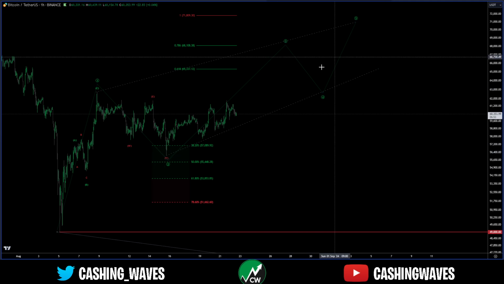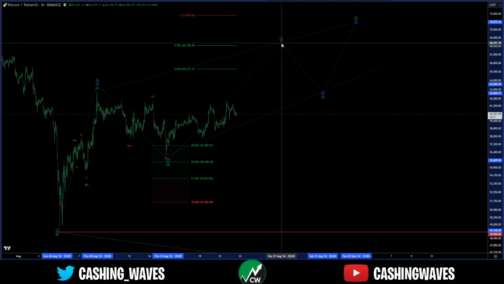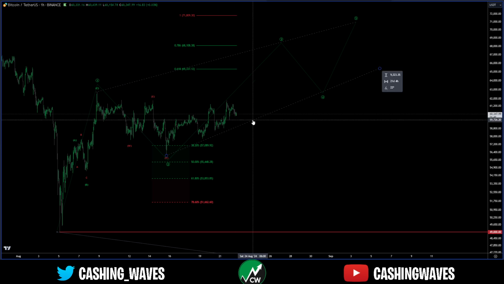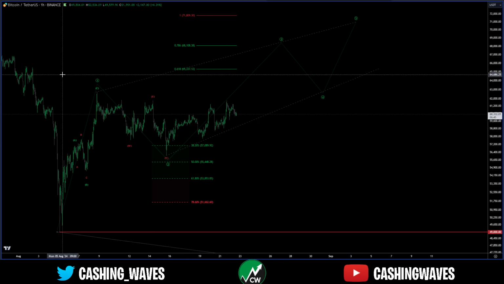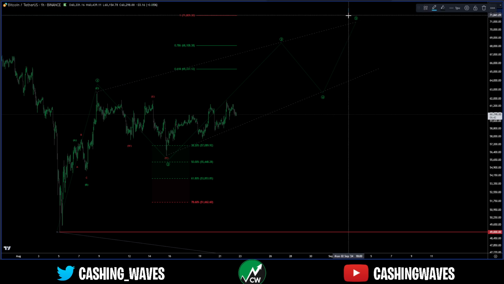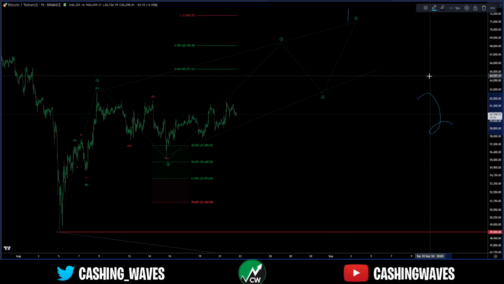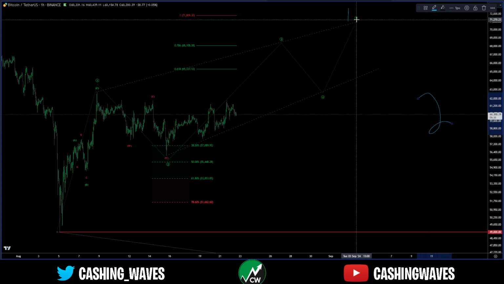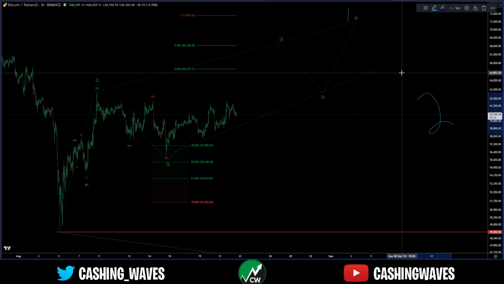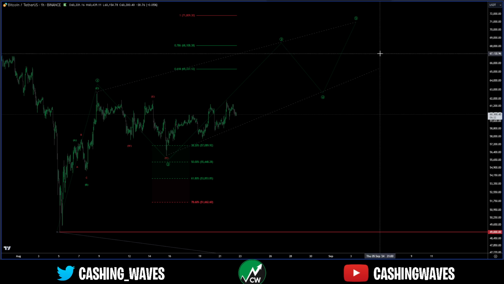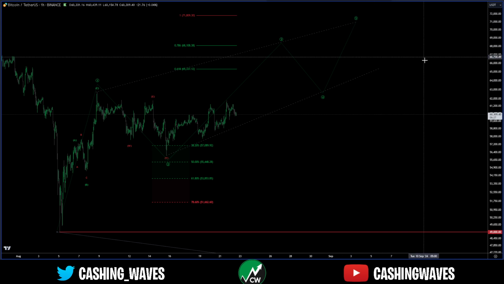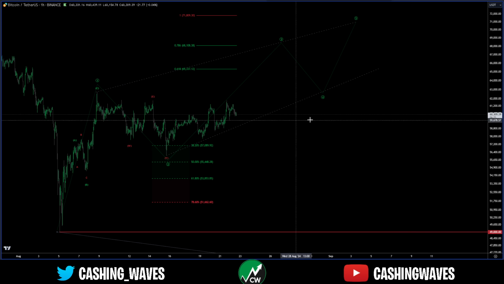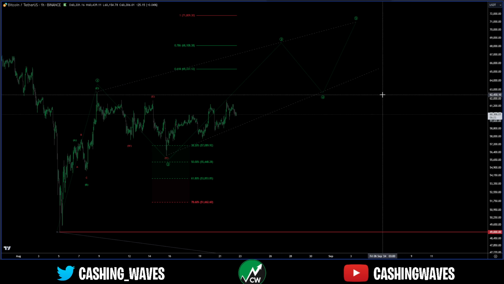The one I think is most likely currently, just based on the fib levels and the targeting we are hitting here, is that we are getting a diagonal to the upside for a wave 1, 2 of the fifth. So within that fifth wave on the larger degree, this is wave 1 and 2 potentially. That leaves the idea open that we could get extensions in the fifth, because you can see we're targeting pretty high to begin with, but we will discuss that in further videos in the future.